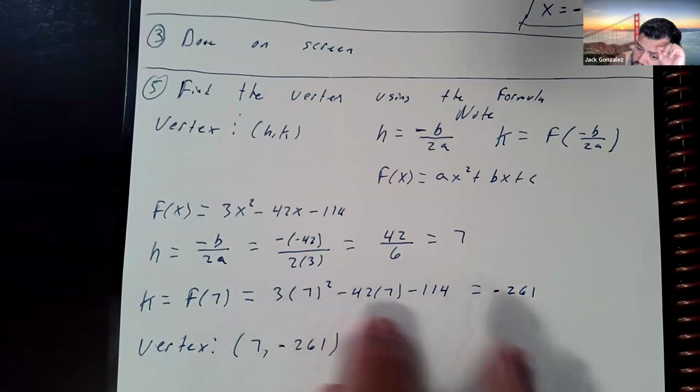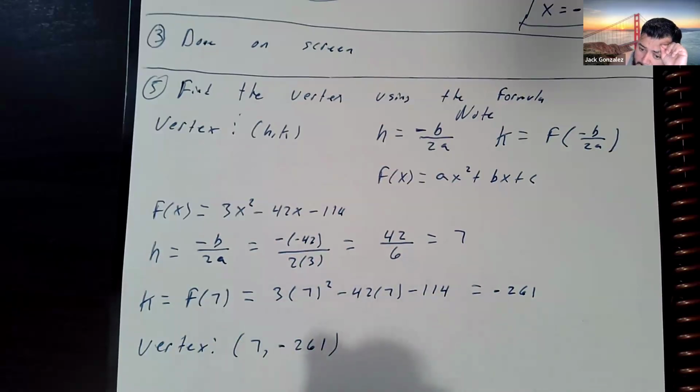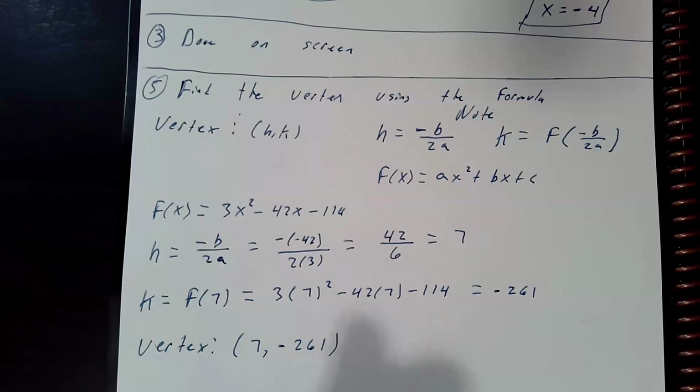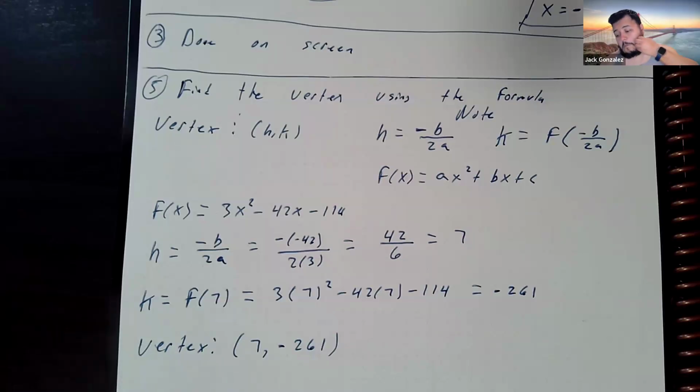Once everything's multiplied, then you start subtracting and adding. And then you add the rest. You just combine everything.